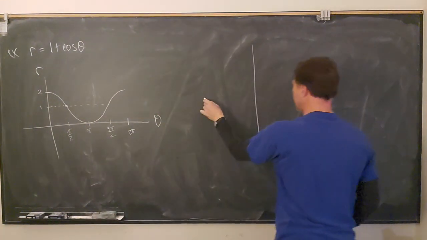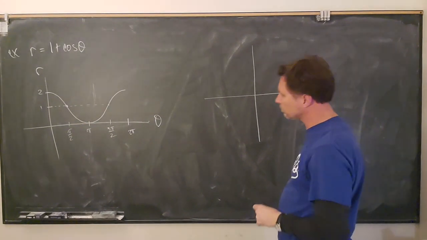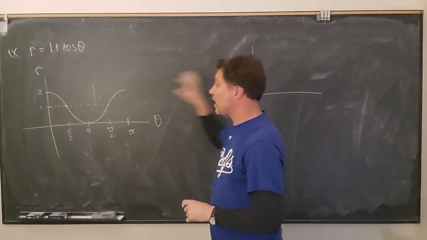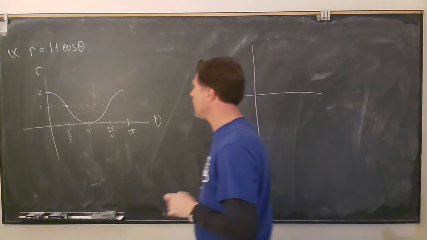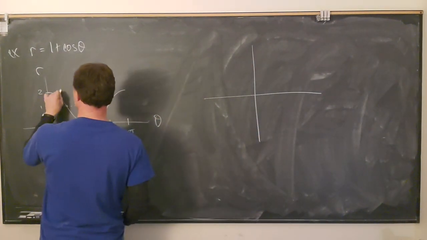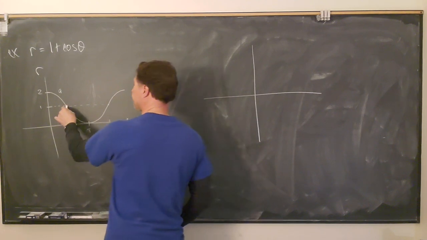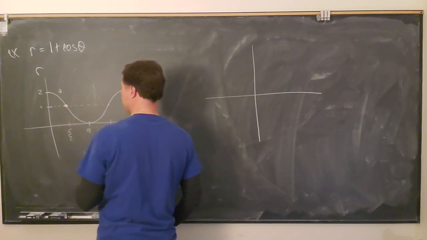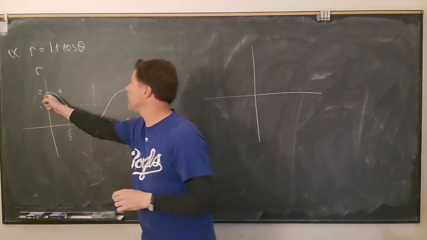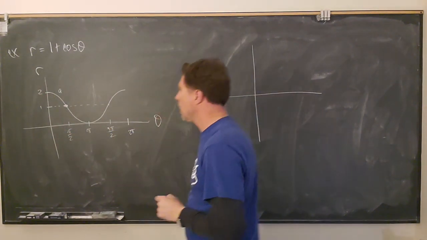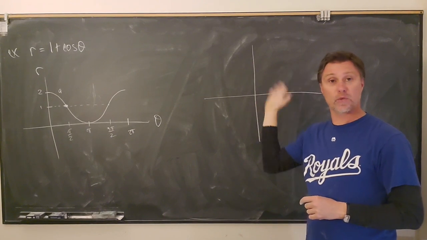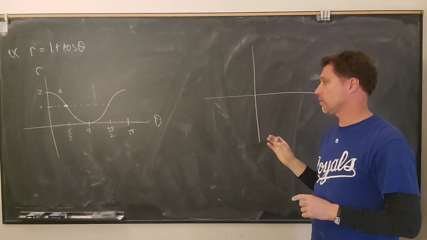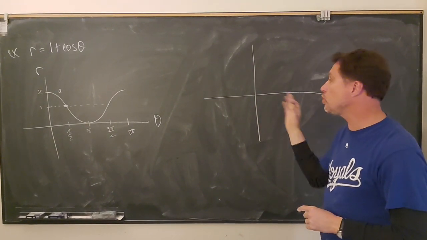All right, so let's take the information that we get from this graph and draw in the xy plane. I'm going to do the same thing. I want to break it into various segments. Let's first look at the segment that goes from 0 to pi over 2. I'm going to label that A. As we go from 0 to pi over 2, so as we sweep out the first quadrant, our radius goes from 2 to 1.